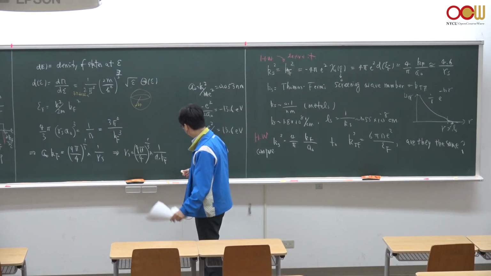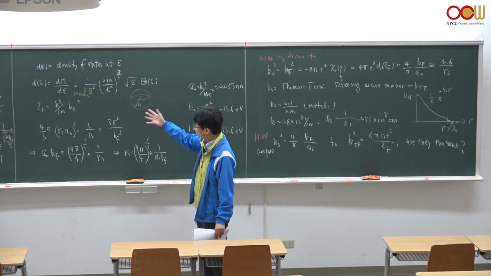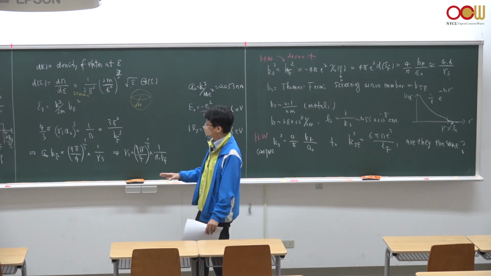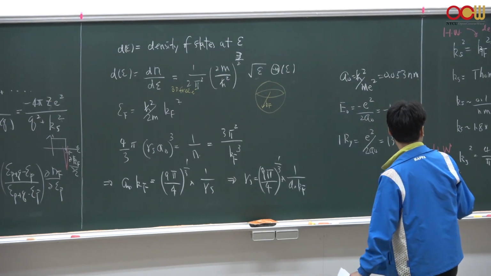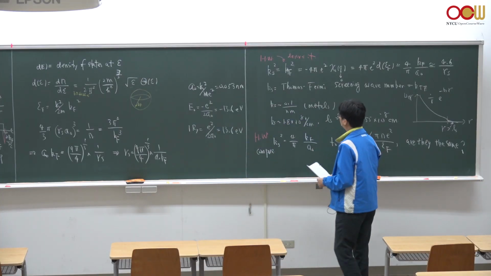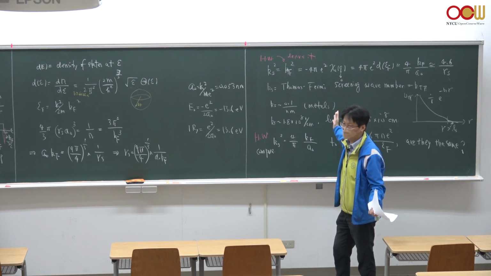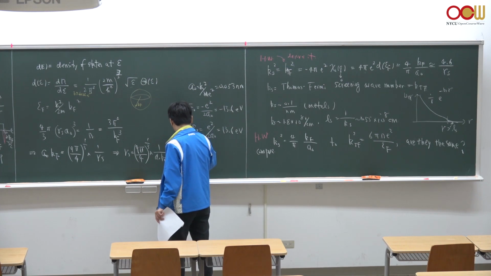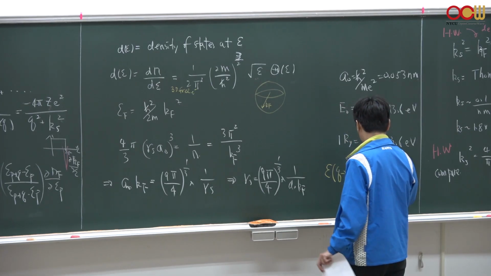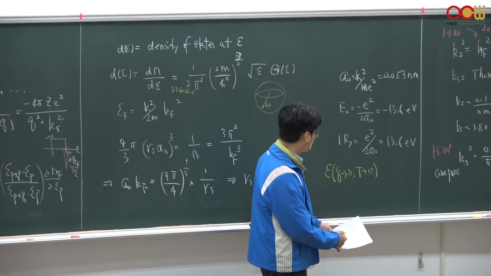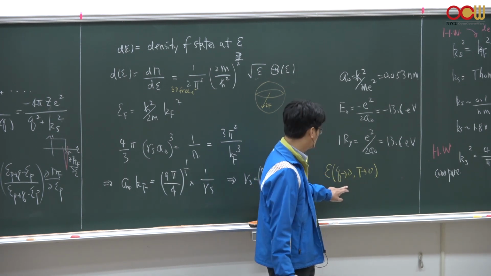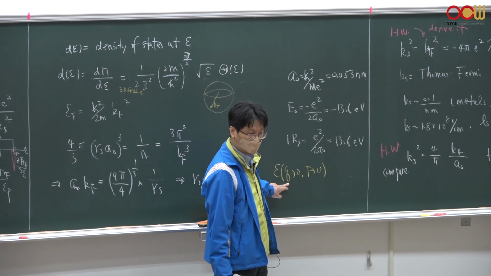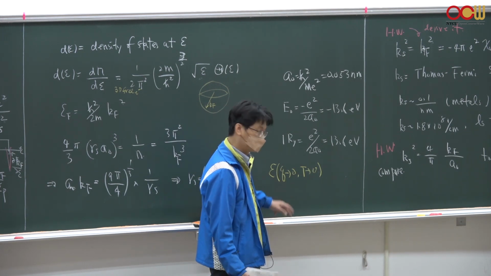So you may wonder, this kind of simple result can be derived without the help of RPA. For example, if we could derive this Thomas Fermi screening wavelength, why bother using the more complicated RPA? My answer to this question is that yes. As I mentioned, the Thomas Fermi result is actually the zero temperature limit and small momentum transfer limit of a more general dielectric function, epsilon of q and t.